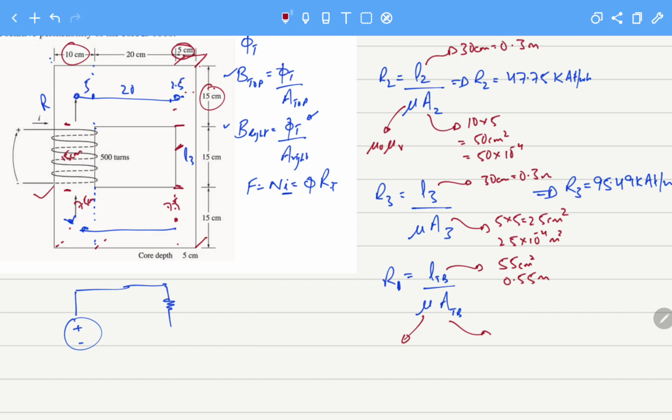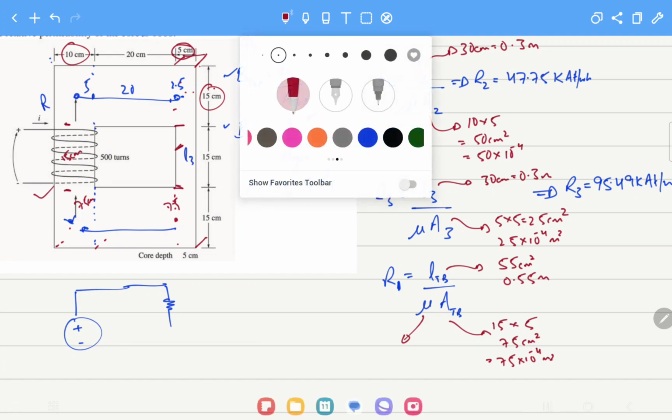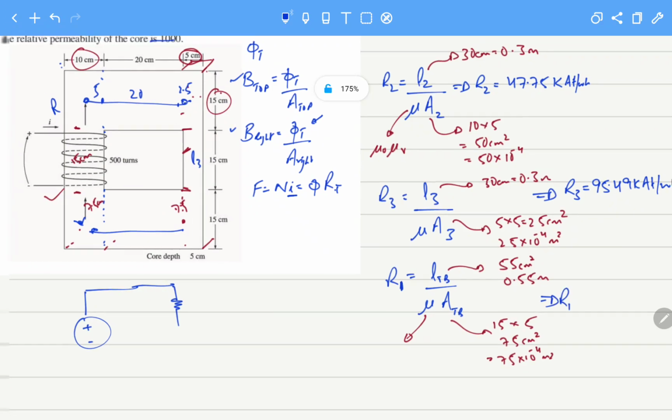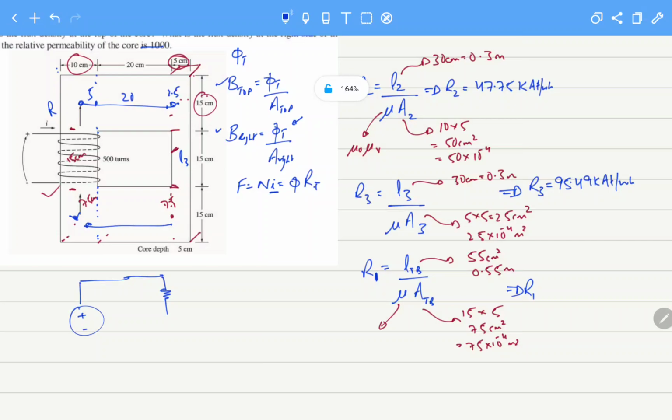So 15 into 5, we will have 75 centimeters square equals 75 into 10 raised to power minus 4 meters square. So the value of R1, the two parts combined, will be 58.36 kilo ampere turns per Weber.